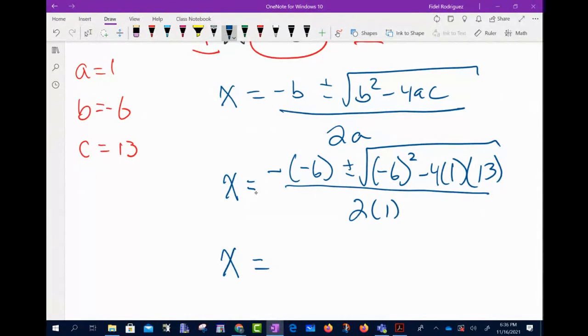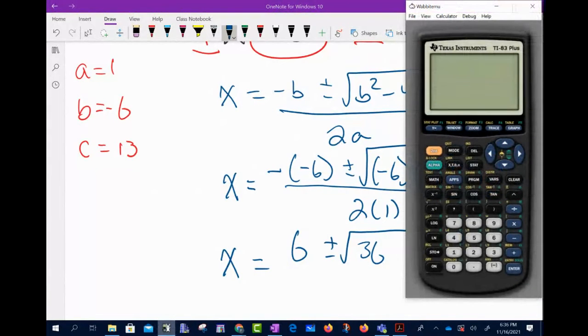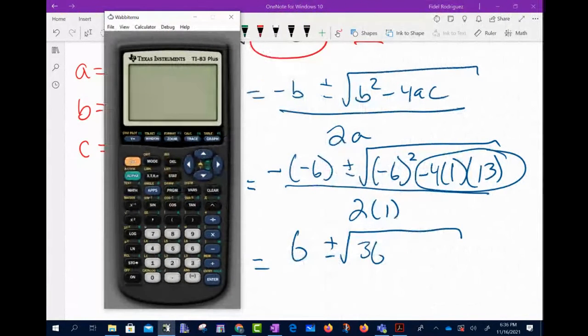And let's see what we're going to end up with. Negative and negative is a positive 6 plus or minus. Let's see. Negative 6 when I square it is a positive 36. I'm going to do this part here on my calculator, y'all. So I have 4 times 1 times 13. Let me turn this thing on. Okay, clear it. 4 times 1 times 13. That's a 52, so with the minus sign, negative 52.